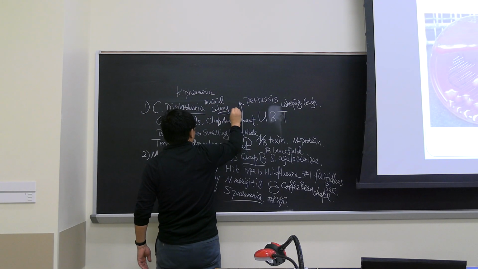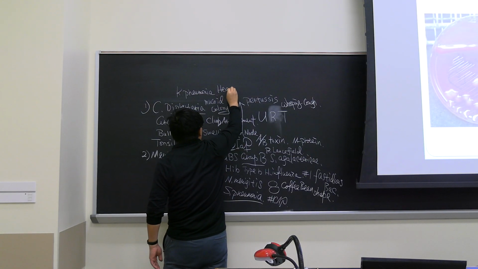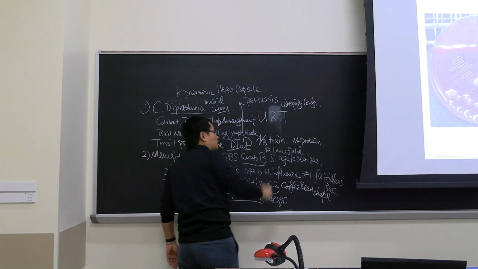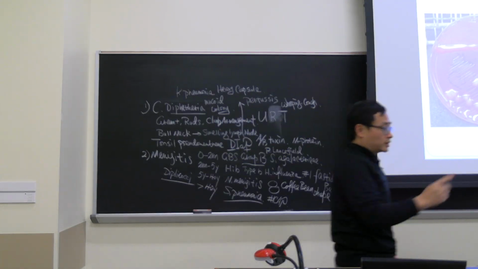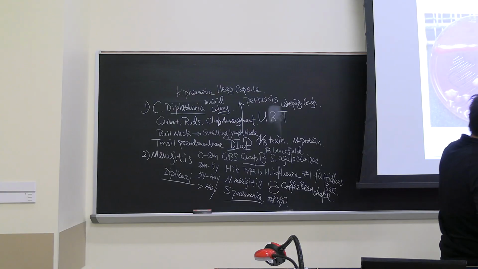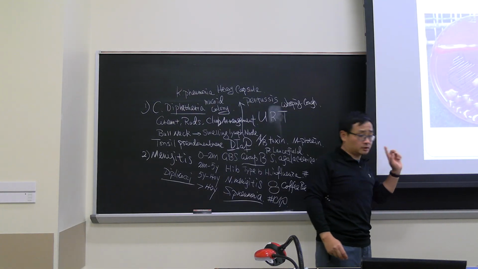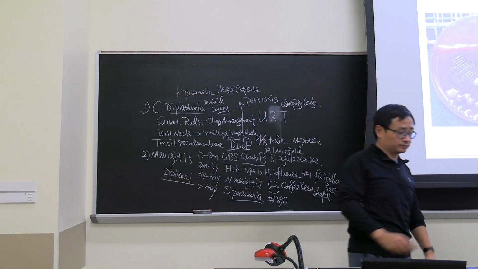It looks cheese-like. Why? Because of the heavy capsule. Look at the blood agar, the cheese-like, very sticky, and on here you see the pink colony because of lactose fermentation positive.